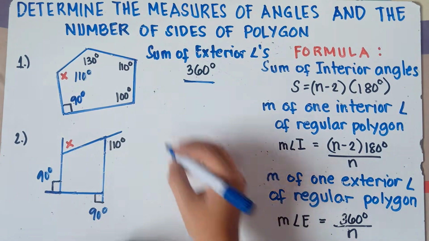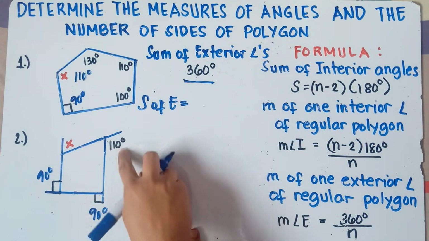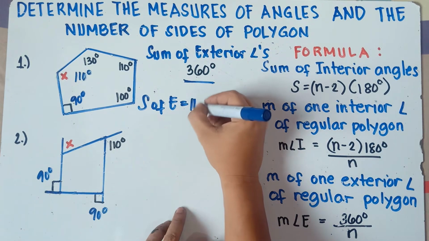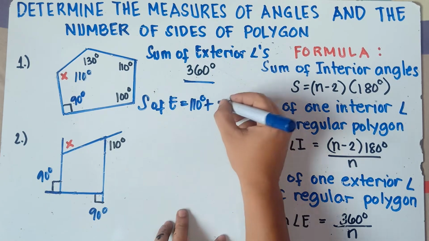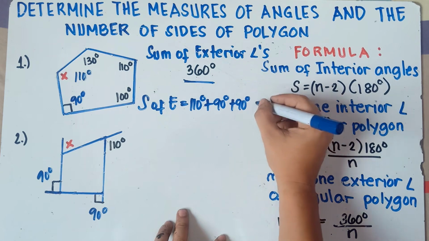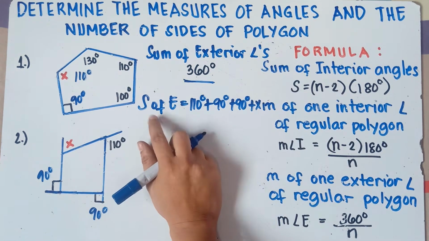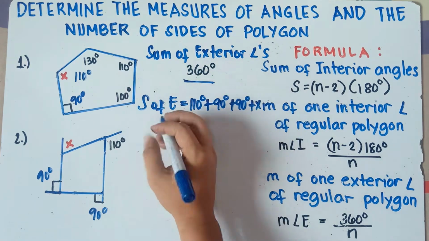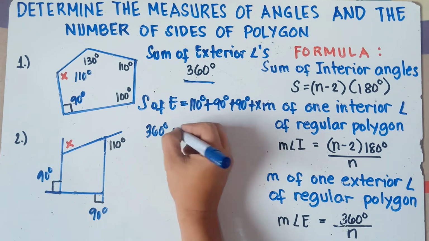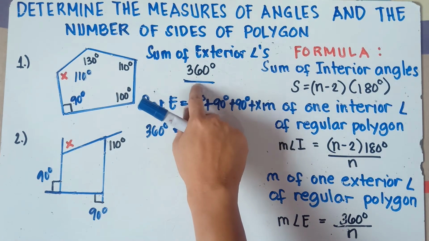So we can use this equation: the sum of exterior angles equals 110 degrees plus 90 degrees plus another 90 degrees plus x. Then you substitute the value of the sum of exterior angles, which is always 360 degrees.